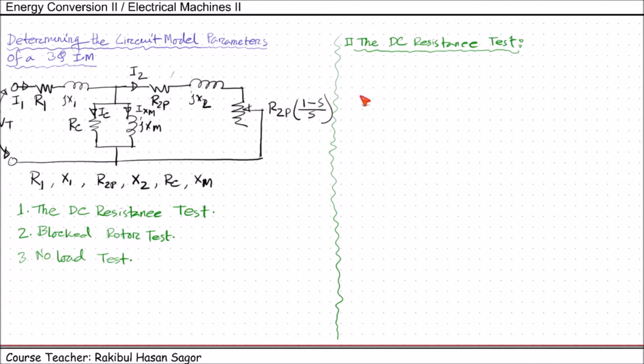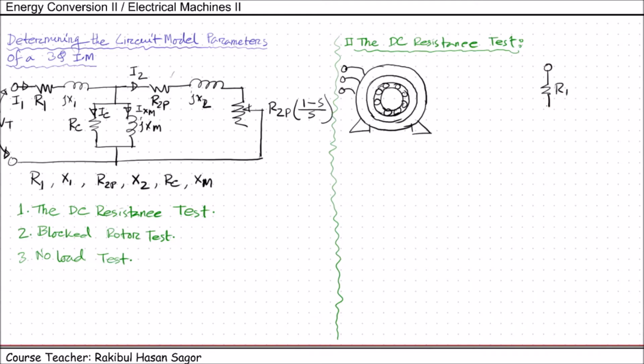Now, if we recall the construction of a three-phase induction motor, suppose this is the stator of a three-phase induction motor, and inside this hollow part we have the rotor. This is the rotor part. This stator is supplied from a three-phase source, and the internal circuit of this stator part can be drawn like this.